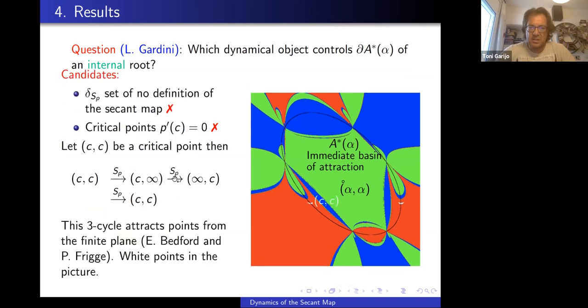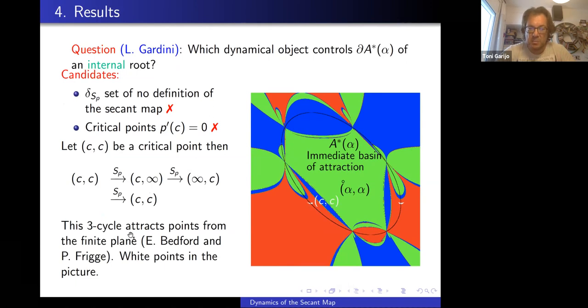So the second candidate are these critical points. Remember that these critical points belong to the diagonal. So at this critical point, when you apply the secant map 3 times, you have a 3 cycle, going to and back from infinity.